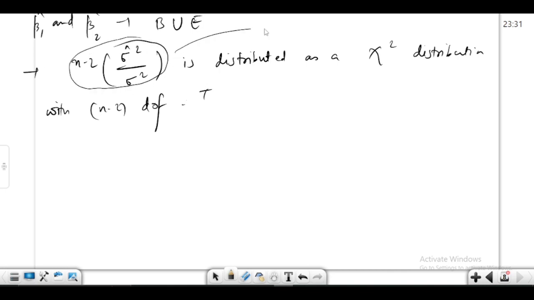So the normality assumption enables us to derive the probability or sampling distribution of beta 1 hat, beta 2 hat, and sigma hat square.